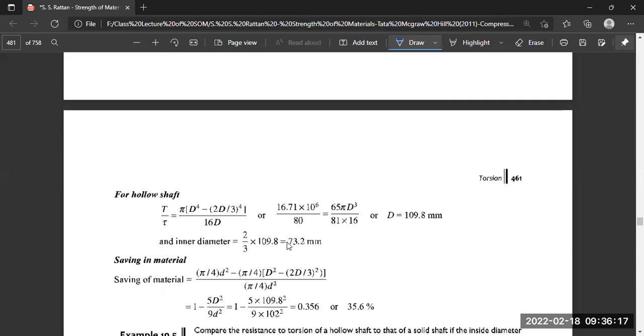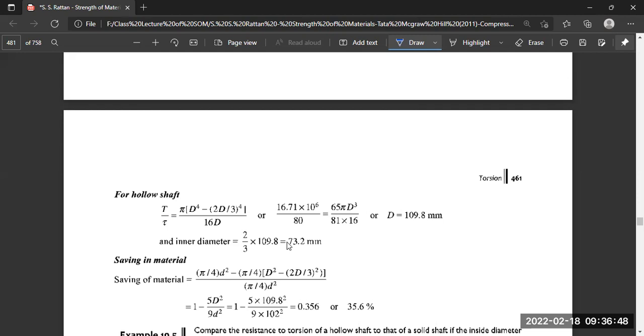For the hollow shaft, we have to use this equation. Capital T divided by tau is equal to pi into D to the power 4 minus (2D divided by 3) to the power 4, divided by 16D. After simplification, we have 16.71 times 10 to the power 6 divided by 80. Torque is given as 16.71 times 10 to the power 6, which we have calculated, and allowable shear stress is given as 80 MPa.